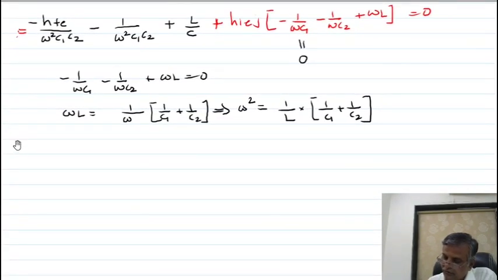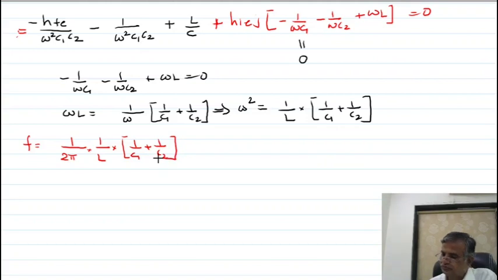So your frequency of oscillation F is equal to 1 upon 2 pi into root of 1 upon L into (1 upon C1 plus 1 upon C2).